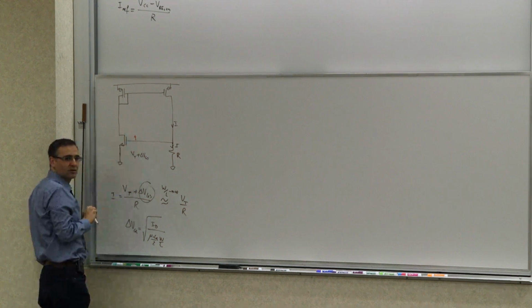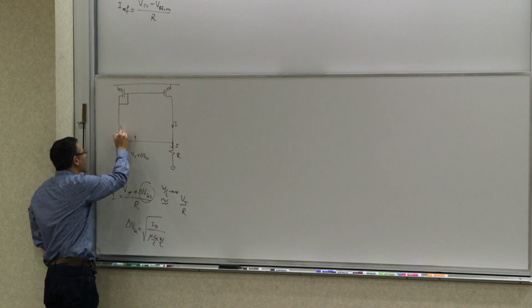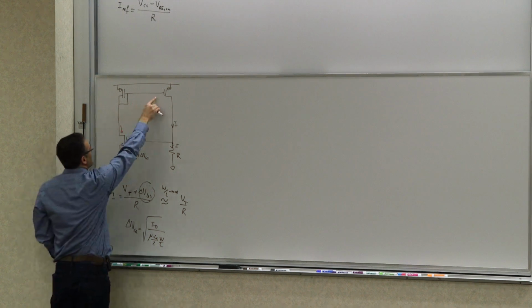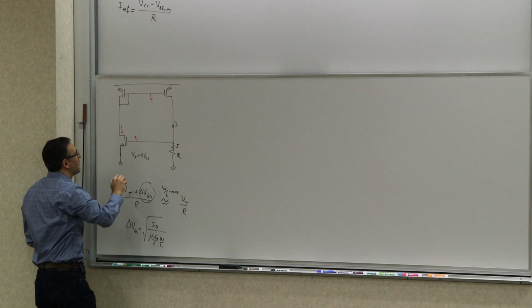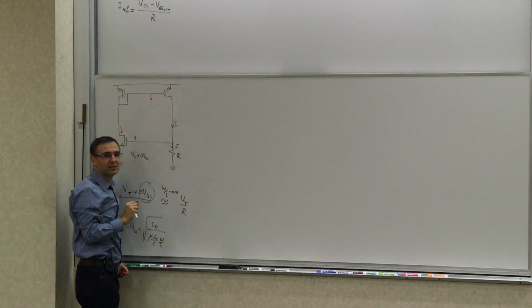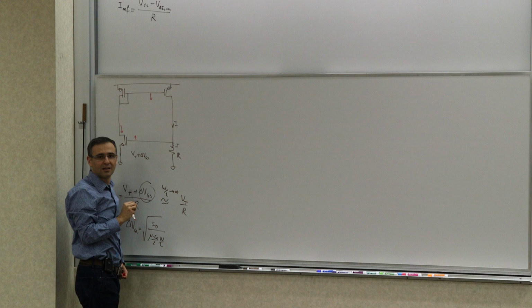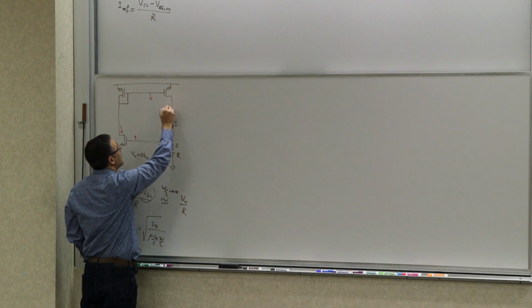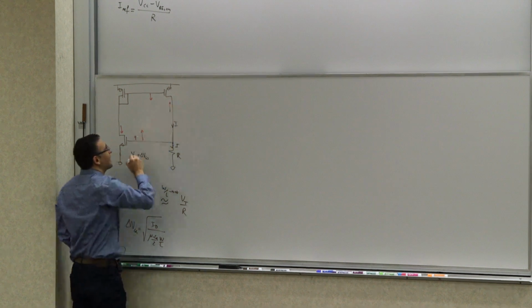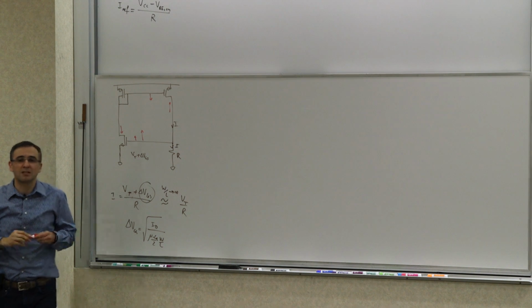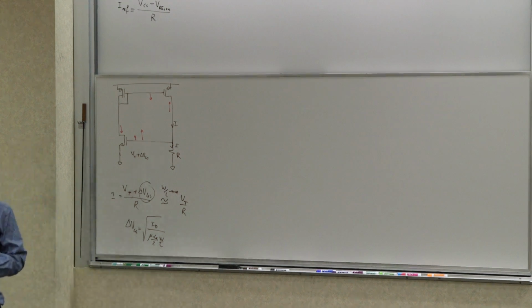It's a common source, so it's an inverting amplifier. And this node is shorted to that node, so it's the same node. But then this is another inverting amplifier, another common source, which basically inverts it one more time, and then you come back in phase. So this can actually, in principle, be a positive feedback network, which can result in some poor behavior.